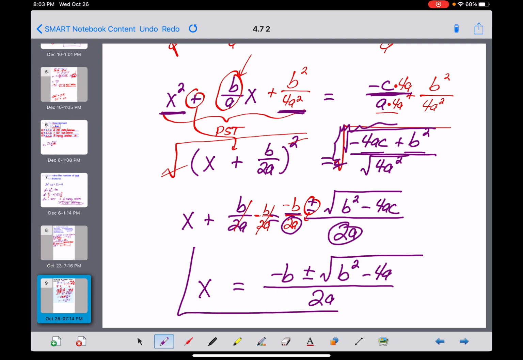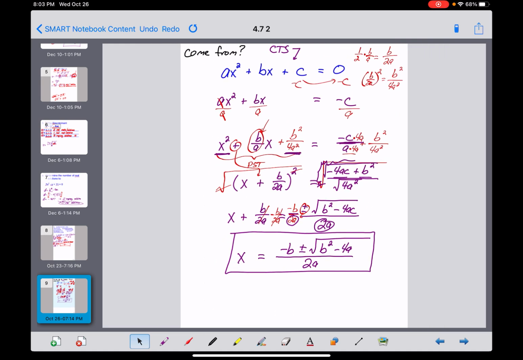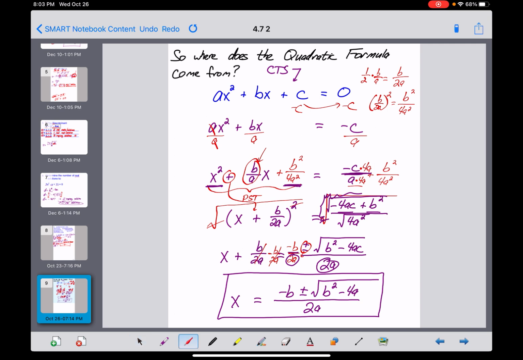And ladies and gentlemen, after a great deal of work, we have isolated the x in this equation, which means we have solved. We just derived the quadratic formula, everybody, from the standard form of a quadratic equation, and using the process of completing the square, we've now solved this thing for x, and that is how the quadratic formula was derived.